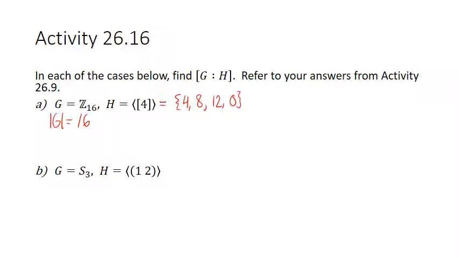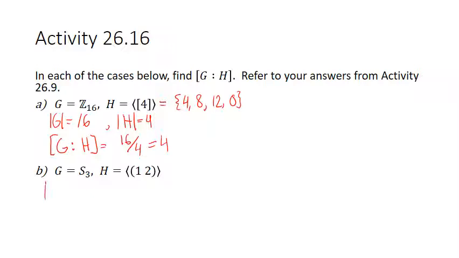So it's those 4 elements. The order of H is going to be 4. And so the index here is just 16 divided by 4, so that's going to be 4. That means there would be 4 distinct left cosets of H in G that would make up the whole group.